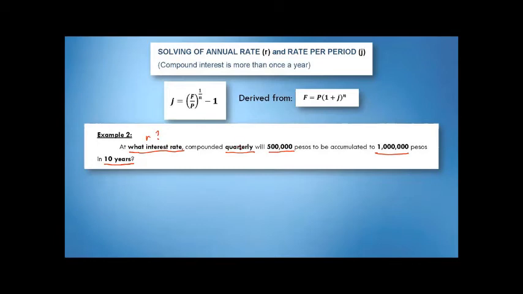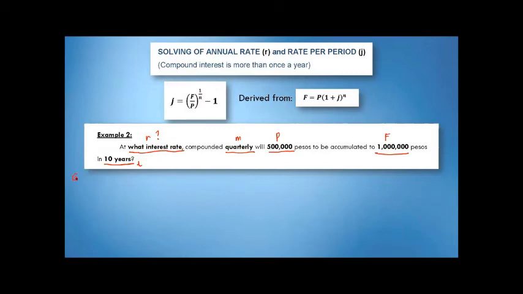Given tayo ng compounding period which is M, principal money or the present value 500,000, the future value 1 million, which is letter F, then 10 years, the time in years.